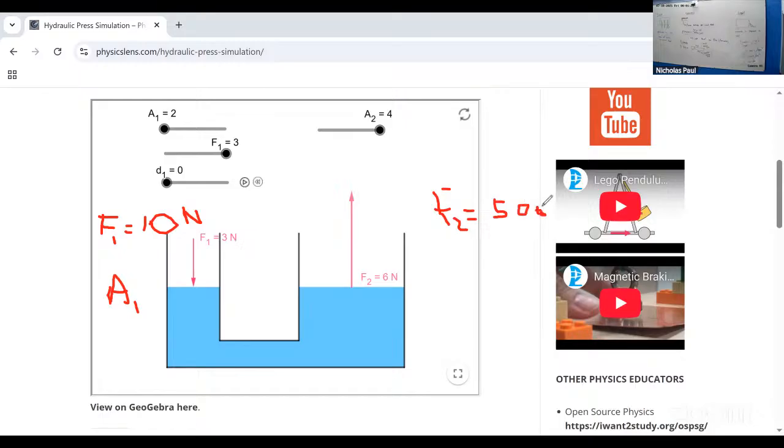So 10 Newtons can lift 500 Newtons. And the area for A2, let's leave it at 50. I want you to work out A1. Take your time. You might have to work in reverse.